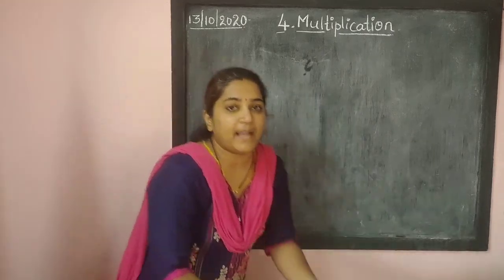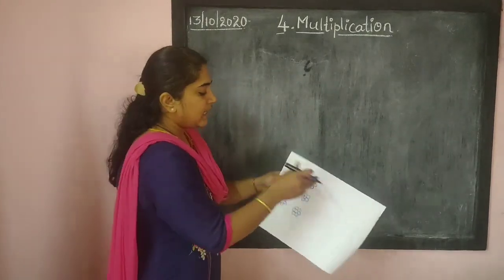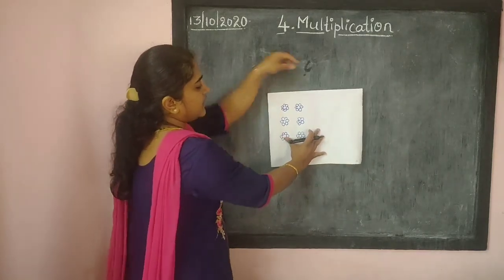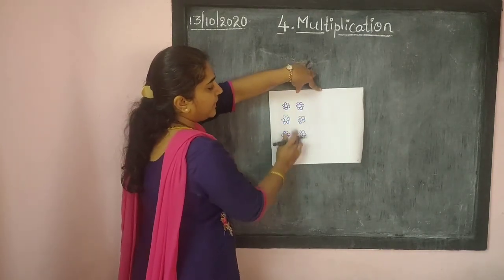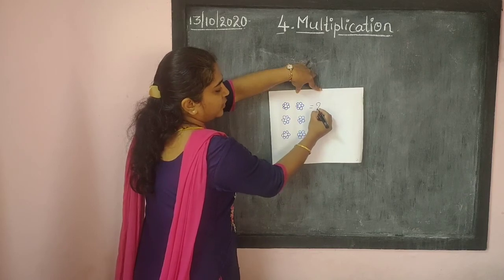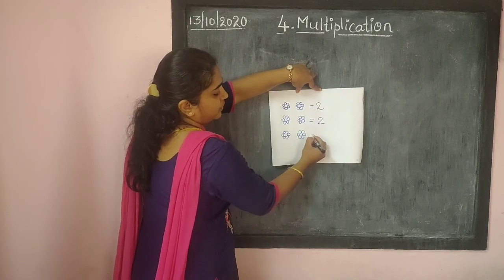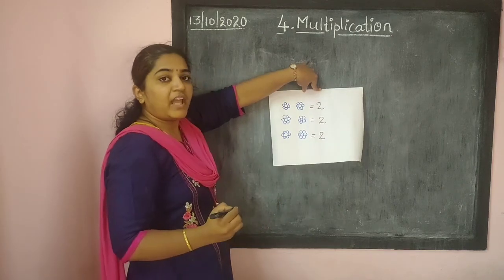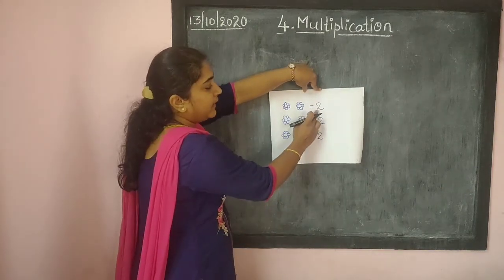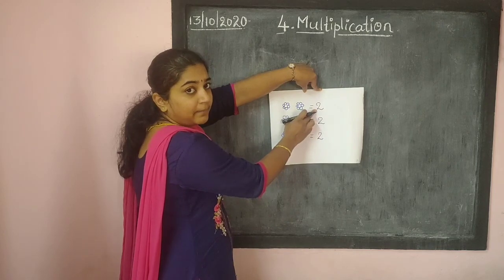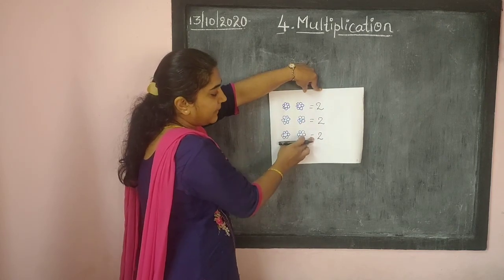One more example I will show you here. See, these are the flowers. How many flowers are there here? 2. So what have I told you now? The number should be multiplied by how many times it is repeating.